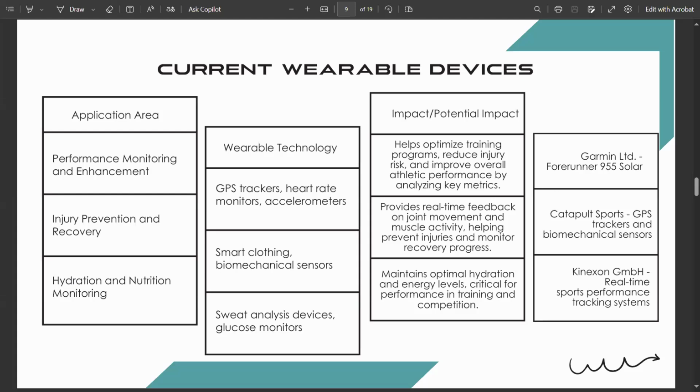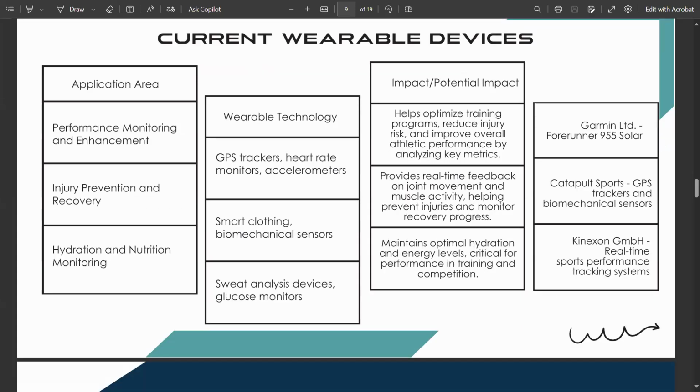This is a GPS tracker and biomechanical sensor. For hydration and nutrition, we have sweat analysis devices as well as glucose monitors. Again, these are highly used by athletes and sportsmen. The examples are Kinexzone GmbH. This provides a real-time sport performance tracking system.